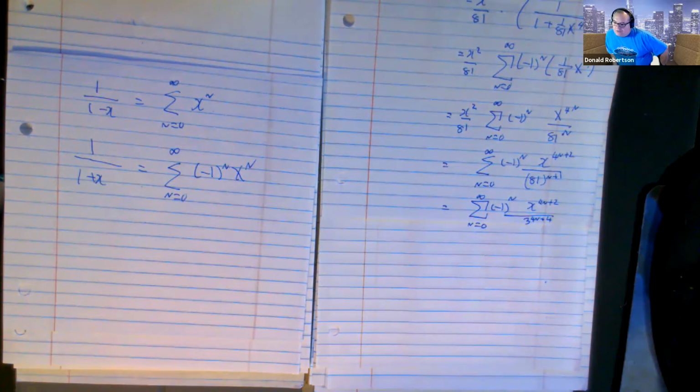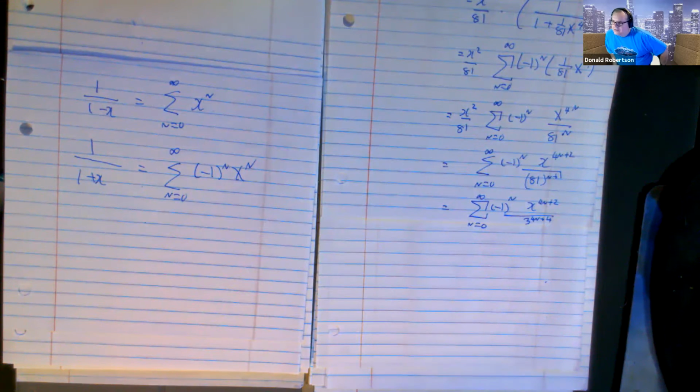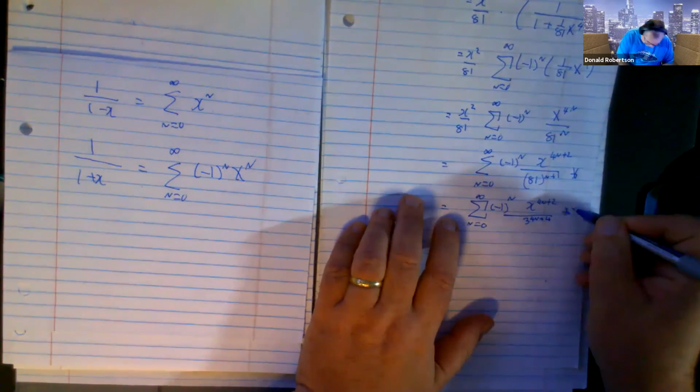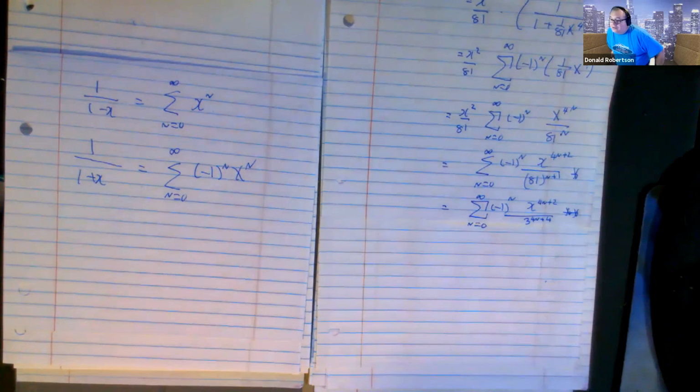I had 81 to the n plus 1, but now I've got 3 to the 4n plus 4. What the heck happened? You can rewrite 81 as 3 to the 4th. Right. Agreed? Multiply. Now, I have no problems whatsoever. As far as I'm concerned, that's the right answer. But isn't that also the right answer?